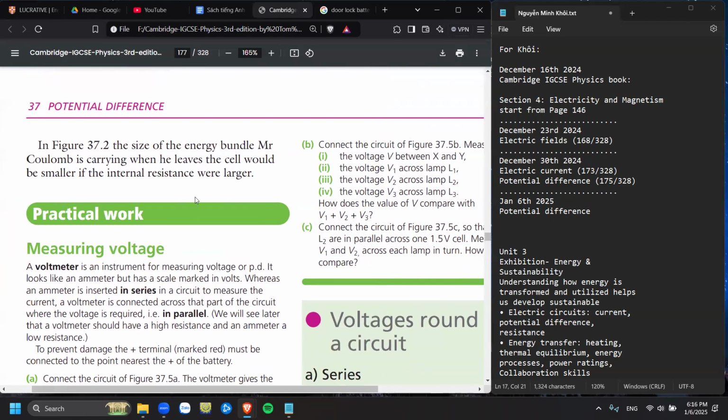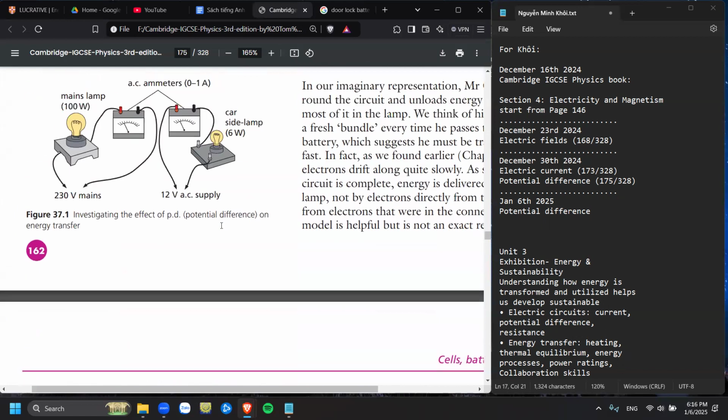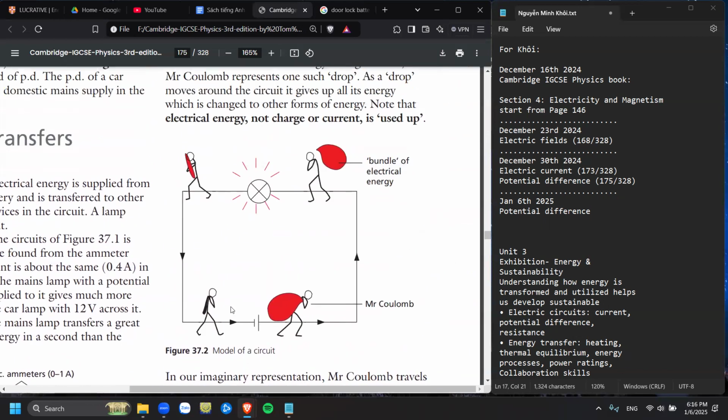They say here that the size of the bundle Mr. Coulomb is carrying when he leaves the cell would be smaller if the internal resistance were larger. So back to Mr. Coulomb here, the battery itself has a resistance, okay? If the battery resistance is higher, it uses a lot more of its own electrical energy as heat.